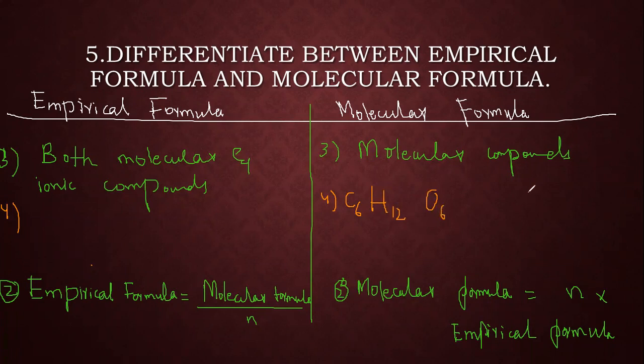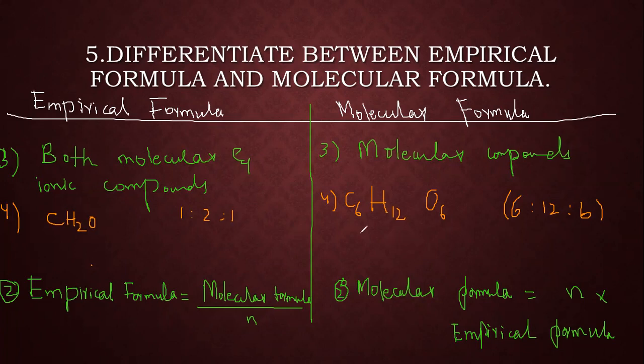Now it's moving towards the ratio that is 6:12:6. By dividing by 6, it will make 1:2:1. 1:2:1 is the simplest whole number ratio, so its empirical formula will be CH2O.